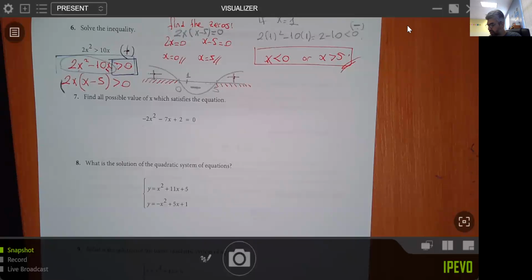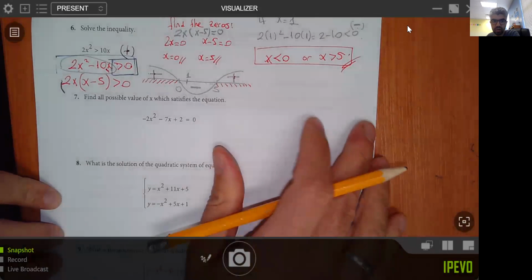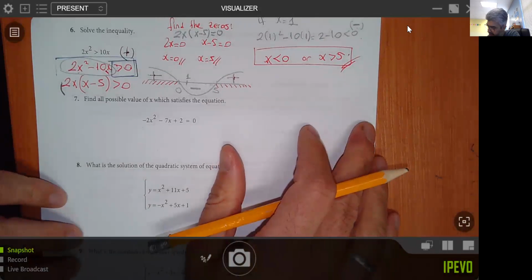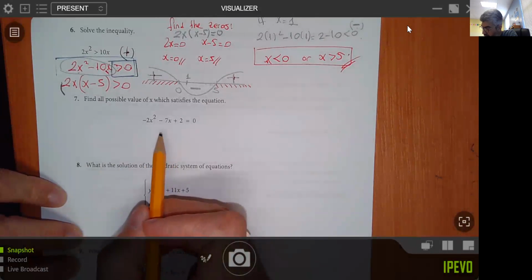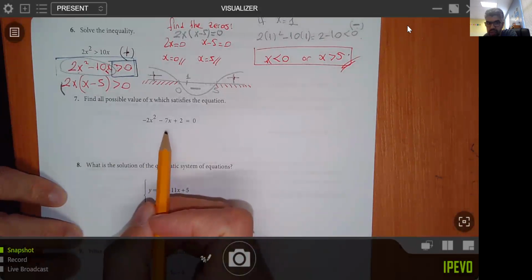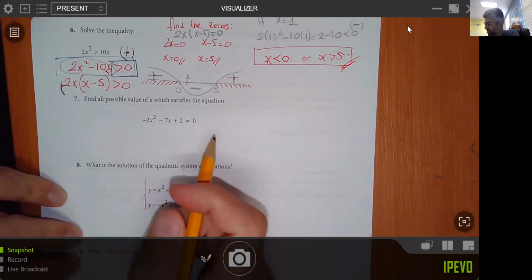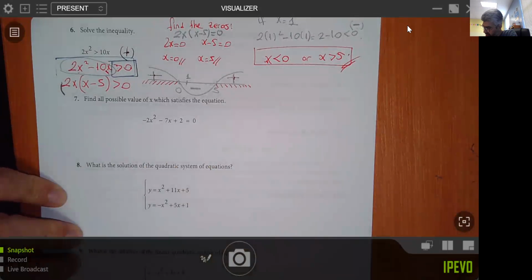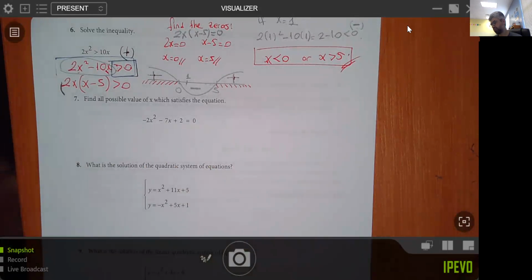Find all possible values of x which satisfy the equation. All possible values of x means solve the equation. Yes, guys, can we solve it by factoring? The coefficients are 2, 4, and 7. What am I doing?